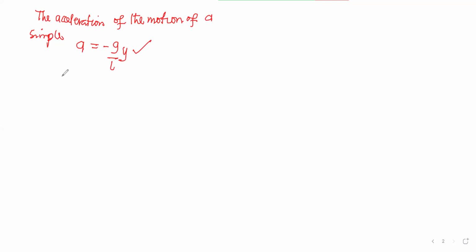Where g over L is equal to a constant K. It is a constant because g is the acceleration due to gravity, and L is the always-fixed length of the string, so the ratio g over L is constant.